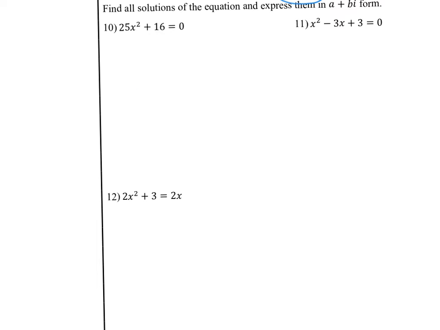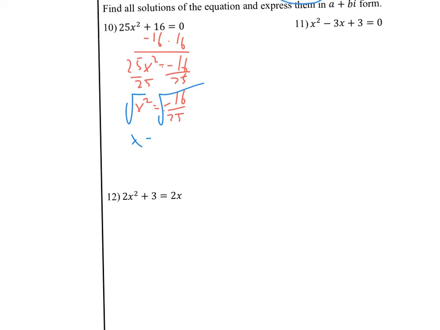Next up here, number 10, these are perfect squares, but they're not subtracting, they're actually adding, so I cannot factor it. So I'm going to just isolate my x here, so divide by 25, and x squared equals the negative 16 over 25, and then I'll take the square root.